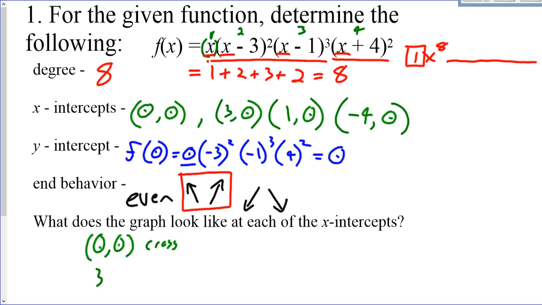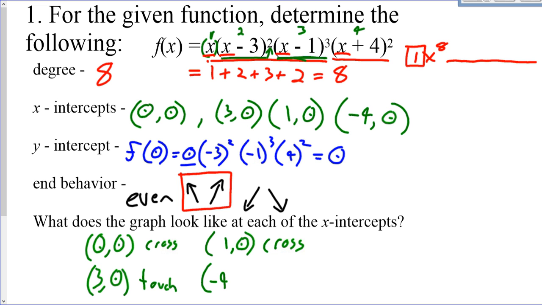At 3, 0, that had a multiplicity of 2, so because that's even, it's just going to touch the axis. Then here at 1, 0 has a multiplicity of 3, so it's going to cross because 3 is odd. And then x plus 4 gives me a negative 4, 0. At that place, because the multiplicity is 2, again, that is just going to touch.